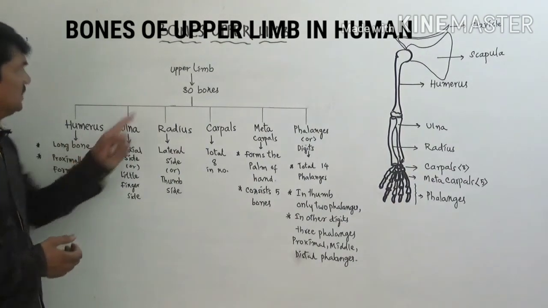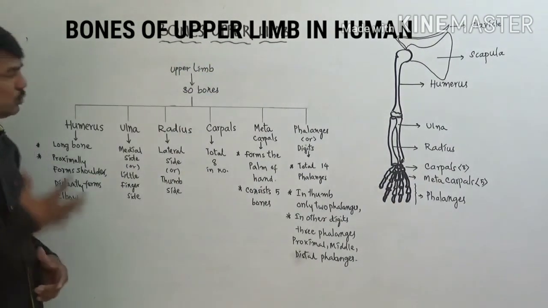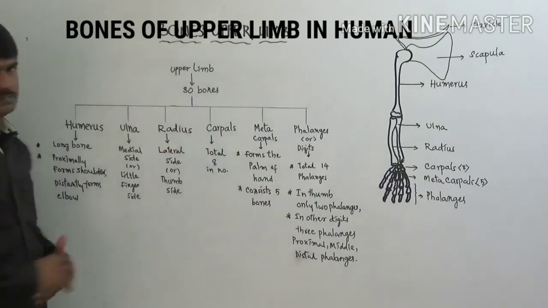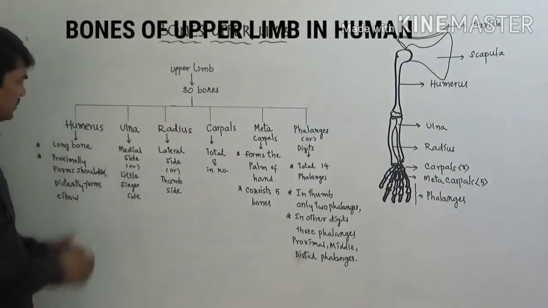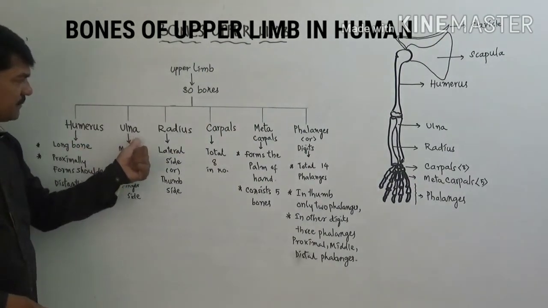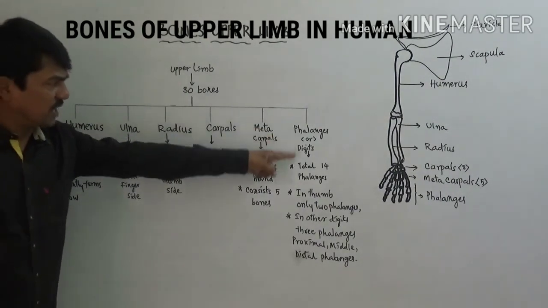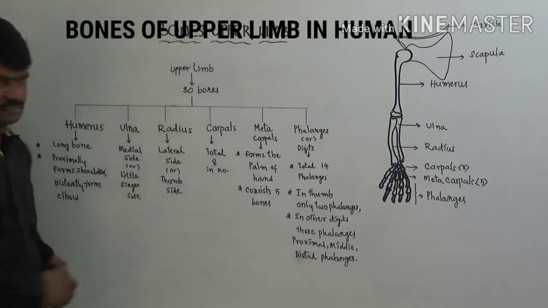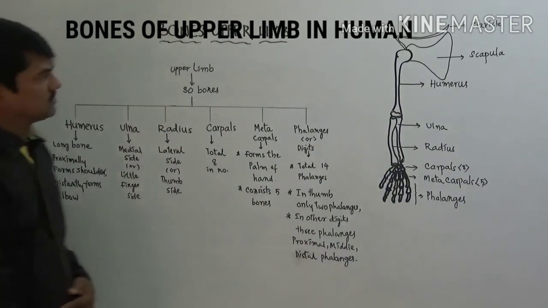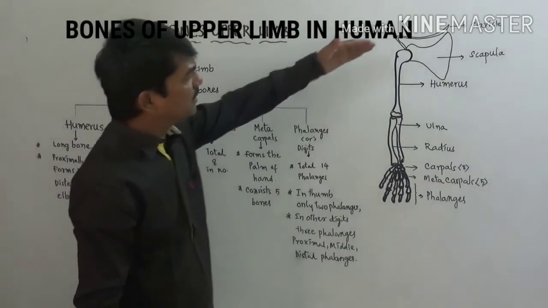The bones of the upper limb include various types of bones: humerus, ulna, radius, carpals, metacarpals, and phalanges, which are also known as digits. These are the main structures we can identify in the upper limb of humans.